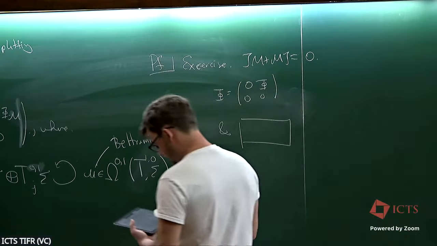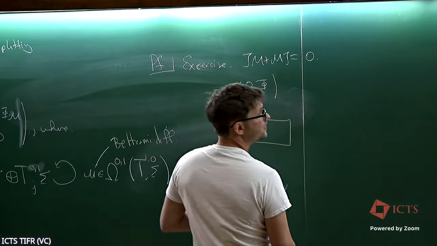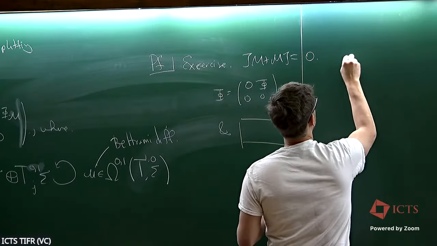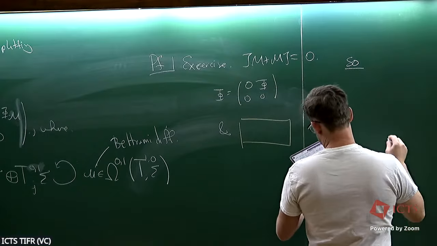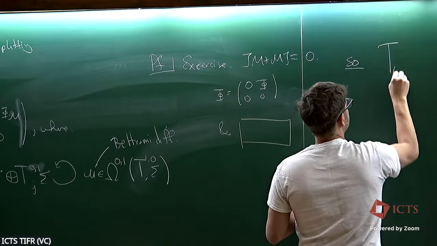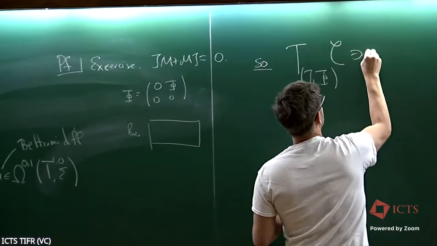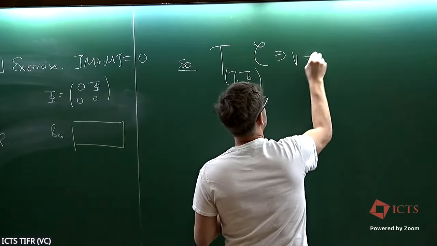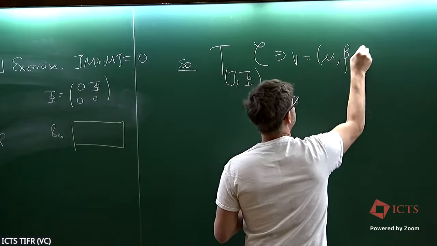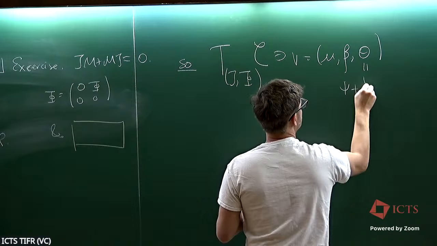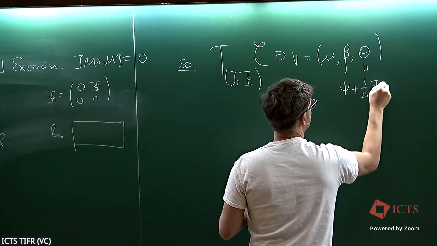Good. Okay, so the point is that if I look at the tangent space here, a vector in here is determined by this data mu, beta, and theta, where theta is a (1,0) thing plus 1 over 2i phi mu.